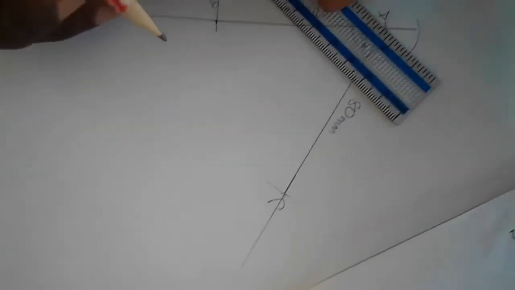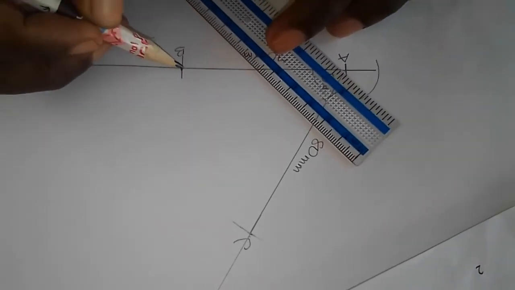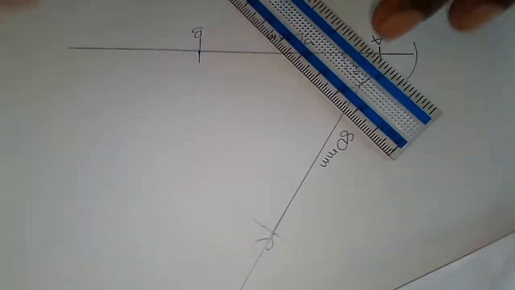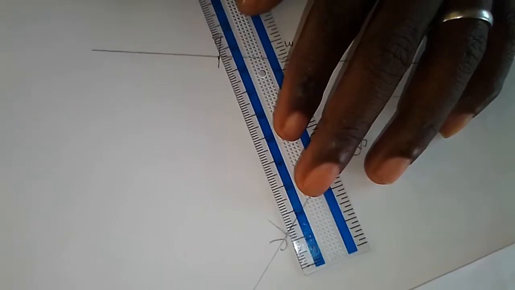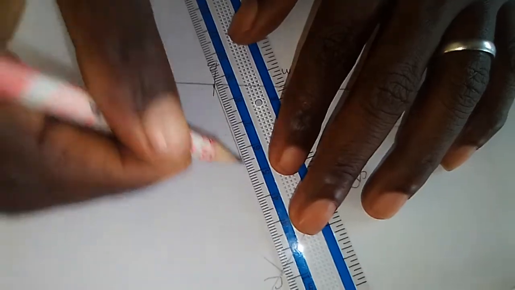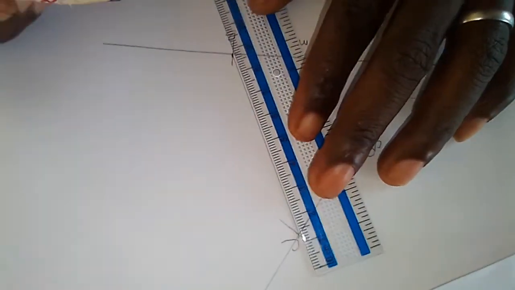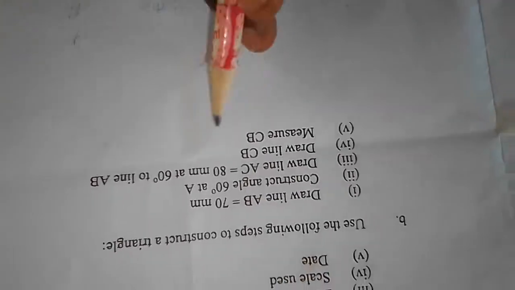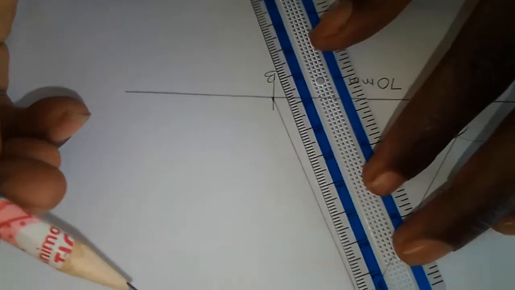Now the other question says draw line CB. I will join from the intersection of B to the intersection of C. That will be CB. Step 5 says, measure CB. So what do I get from CB?